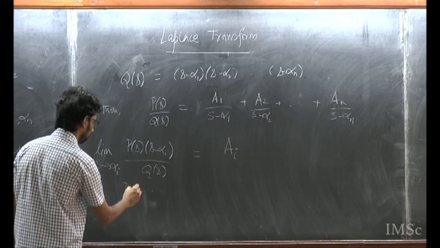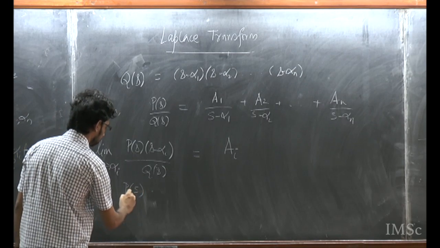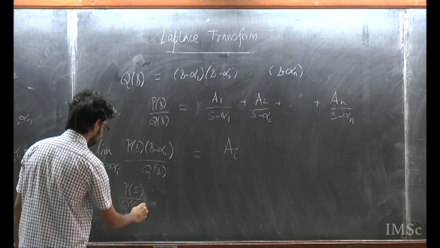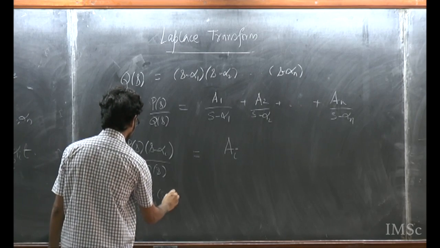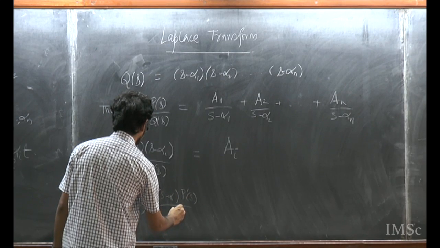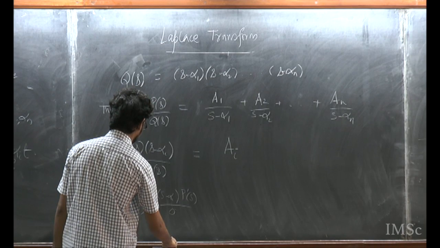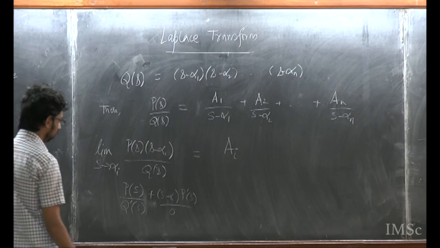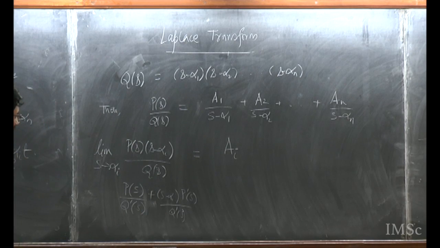As s goes to alpha i, P of s over Q dash of s plus (s minus alpha i) P dash of s over Q dash of s.